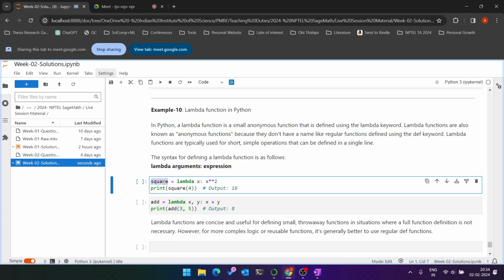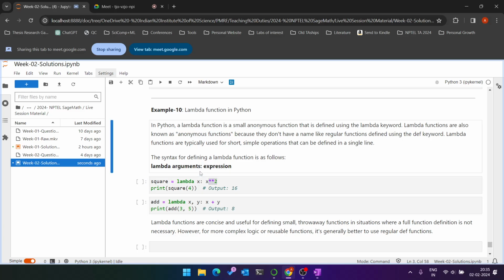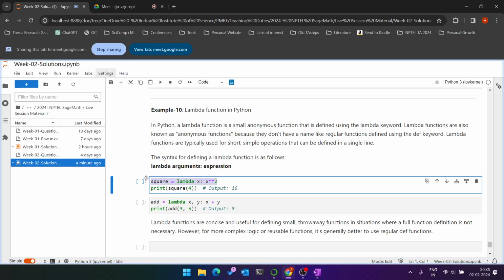Suppose you want to define a function called square which takes an input x and returns x square. Instead of writing the whole thing, def square of x, return x square, we just write it in a single line using the lambda function. So square is a function which takes input x and returns output x square.